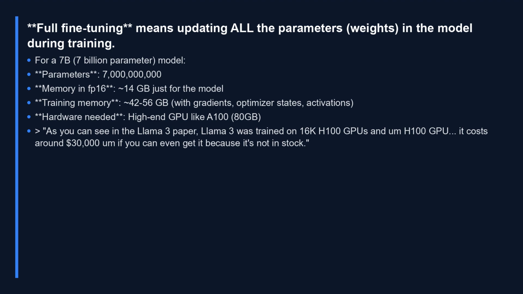But training isn't just the weights. You also need memory for gradients, optimizer states, and activations. Add those up and you're looking at 42 to 56 gigabytes total. That's the territory of an NVIDIA A100 with 80 gigabytes of VRAM, a card that costs around $30,000 if you can even find one in stock.